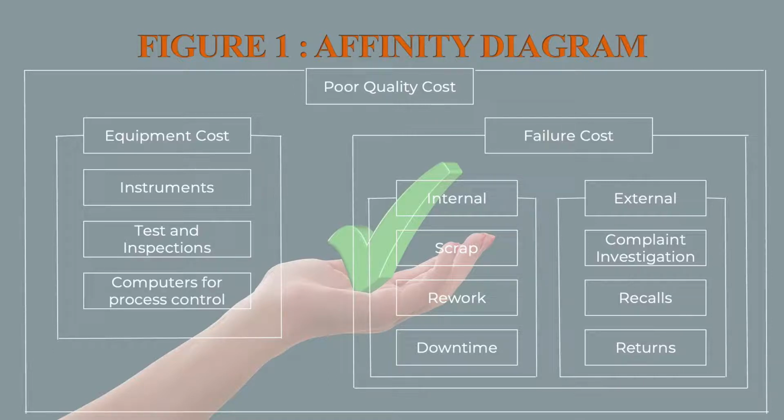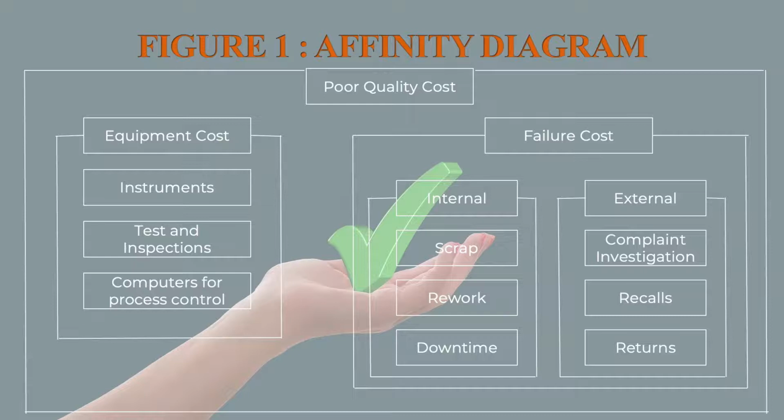Then downtime cost. Because of that rework or problem, the machine has to wait for production. So that also comes under the internal failure cost. Then external failure cost. What are those? It is apart from the industry, not in our industry. So external costs are complaint investigation.